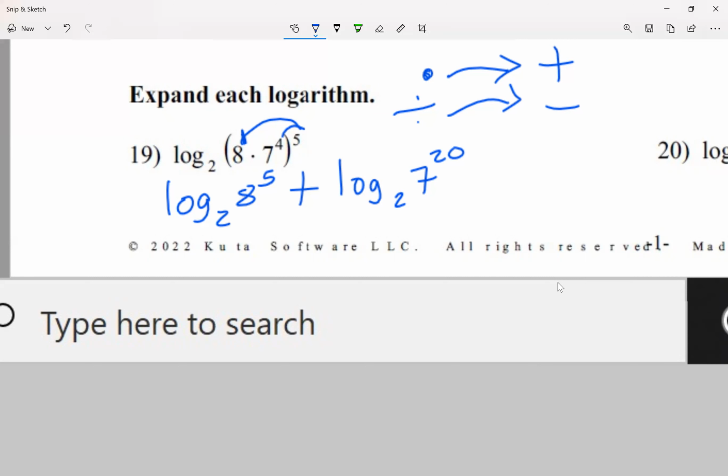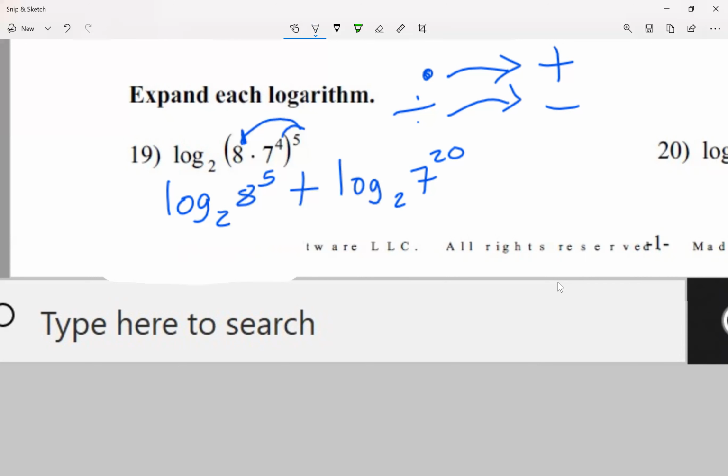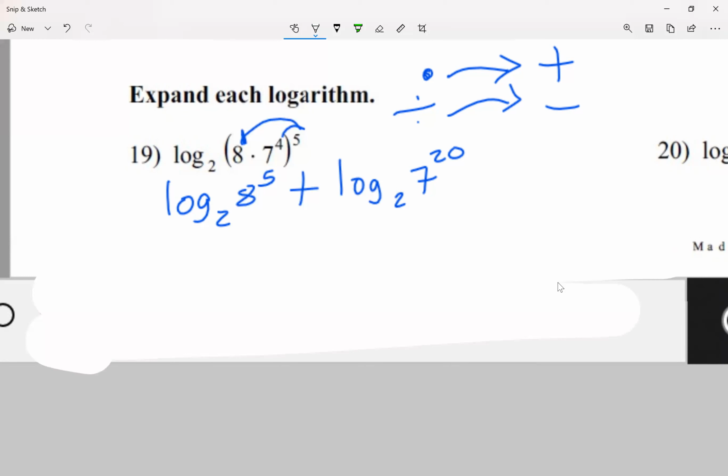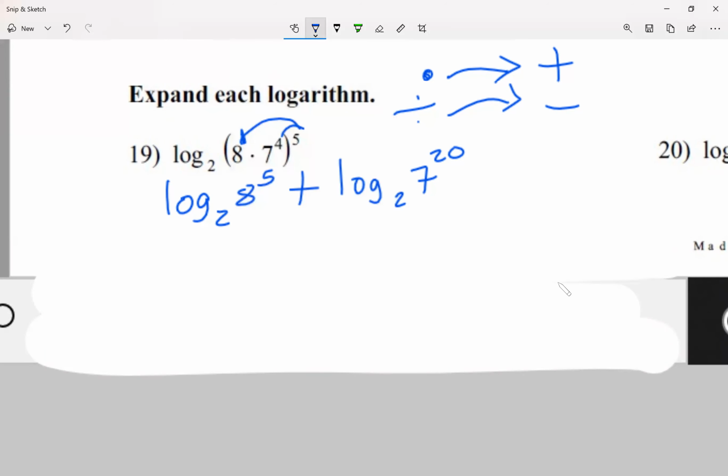Now, one thing we're going to do with the exponents, because I don't want to have them there, I'm just going to bring them to the front. Let me open myself some room here. My exponent, let me bring it to the front.